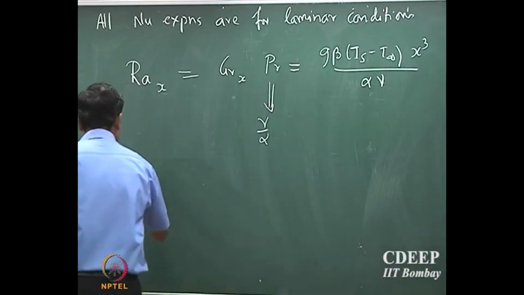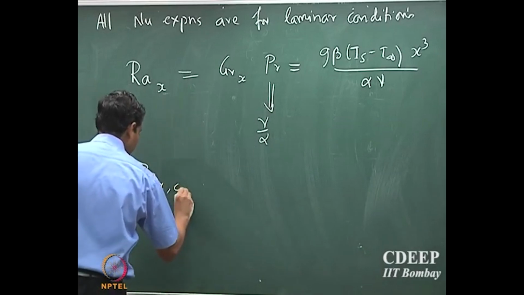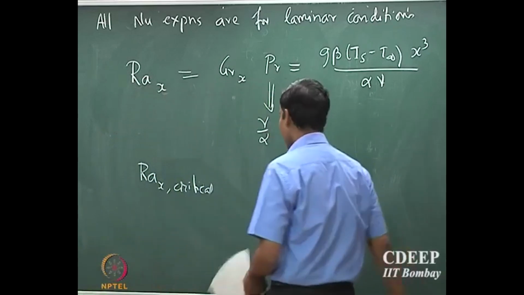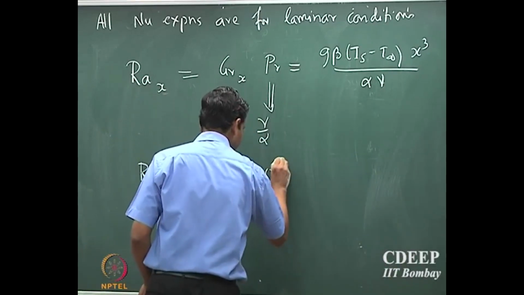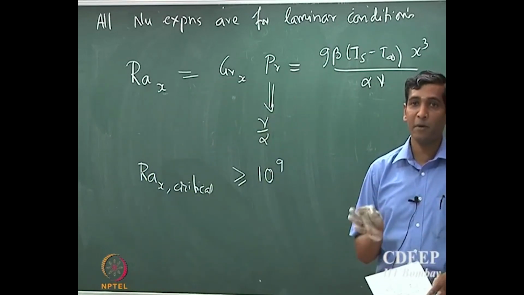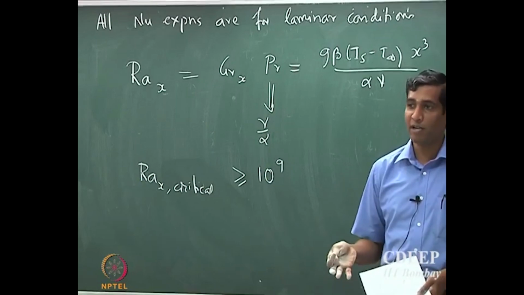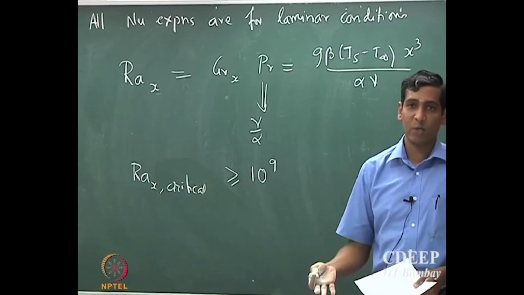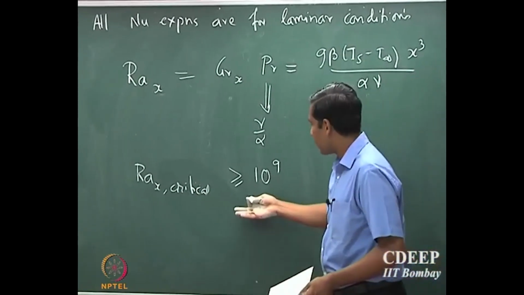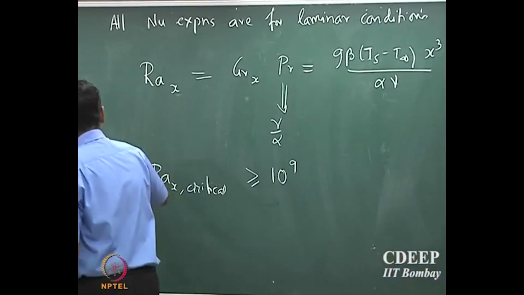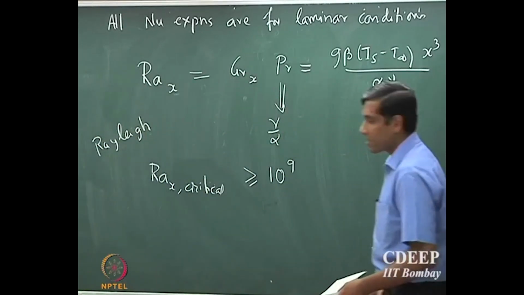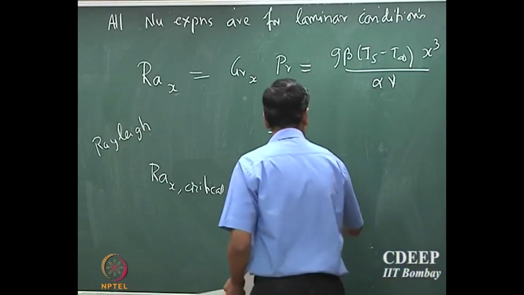The turbulent and laminar transition is defined by what is called the critical Rayleigh number. Remember that it is the flow inside the boundary layer; the fluid outside is still at rest. It is a quiescent medium. If the Rayleigh number is greater than 10 power 9, then it is considered to be a turbulent condition.